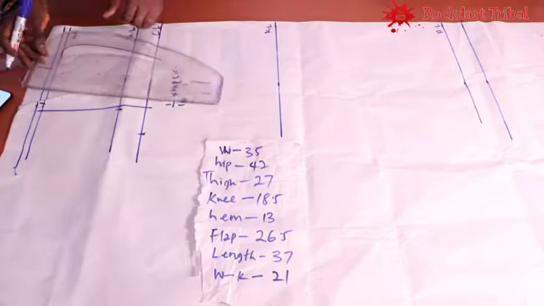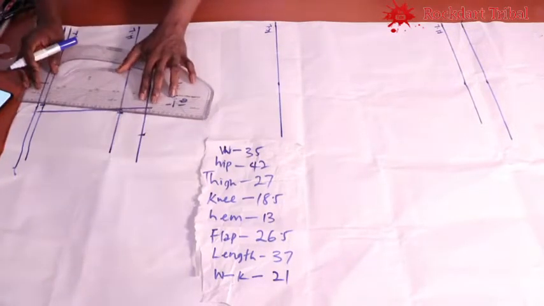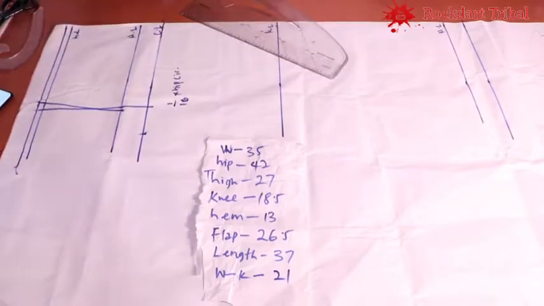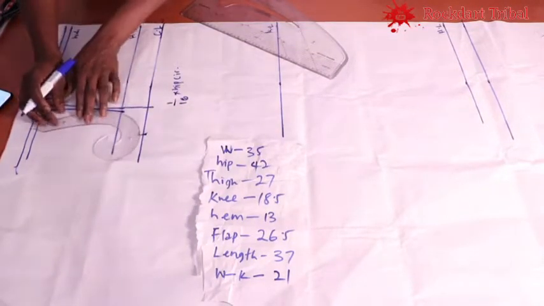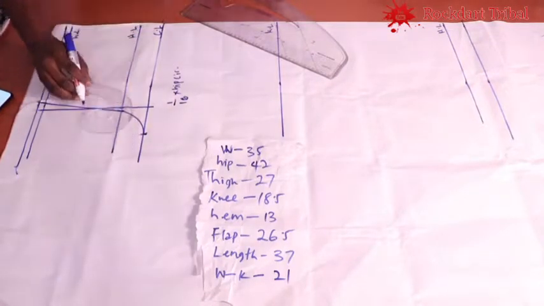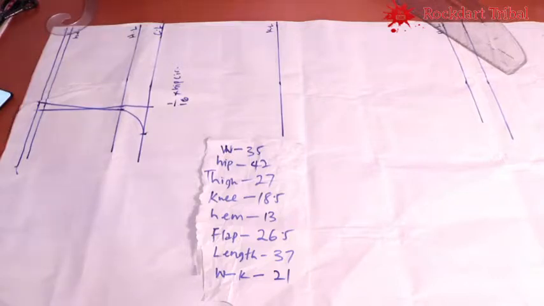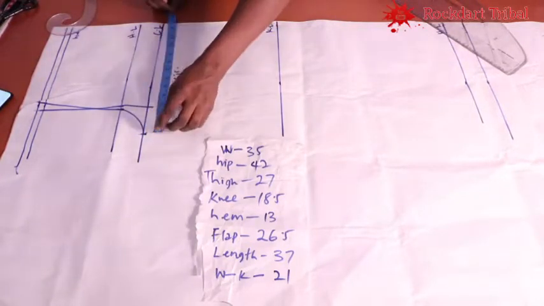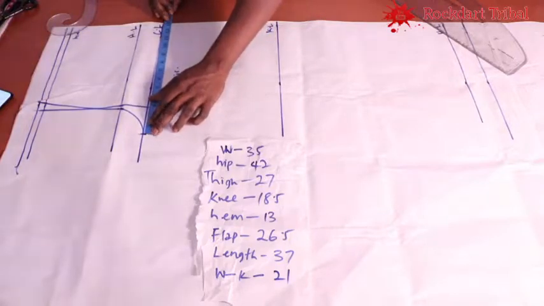Then I'll connect the points from my waistline to the hip line and use my armhole curve from my hip line to the crotch line as seen in the video. After that, I'll go to my crotch line.